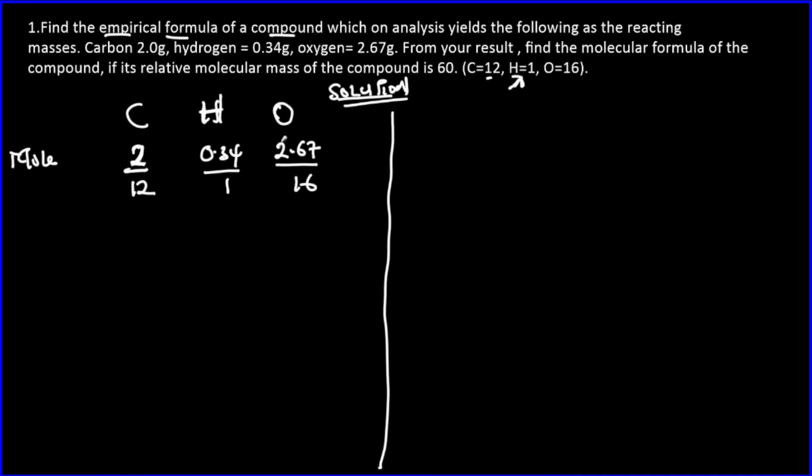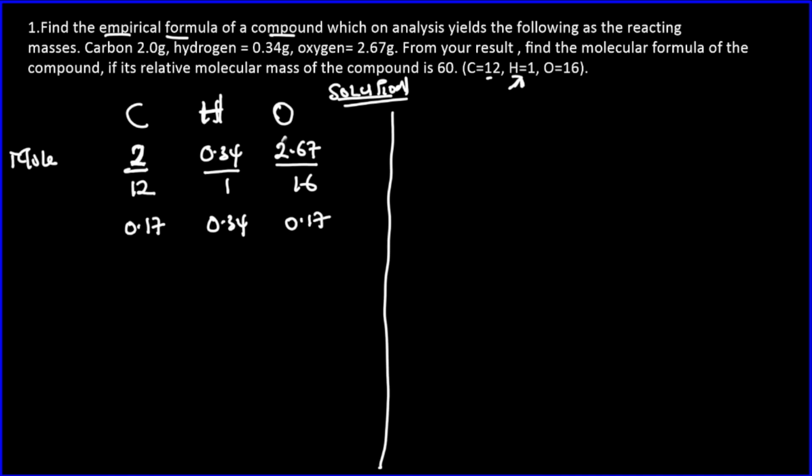Let me get my calculator. 2 divided by 12 is 0.17, 0.166 rounded up. So this is 0.34, and this, 2.67 divided by 16 is 0.17, right?